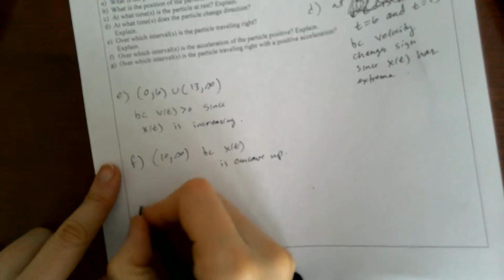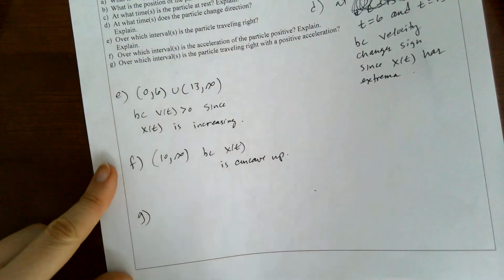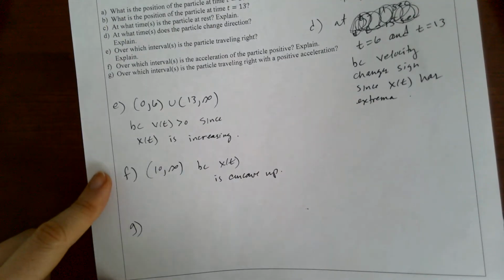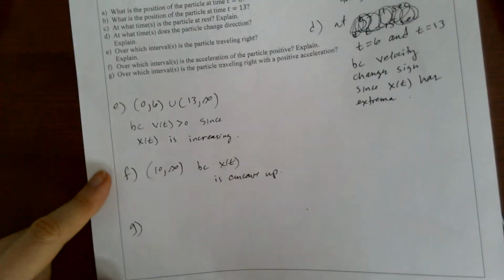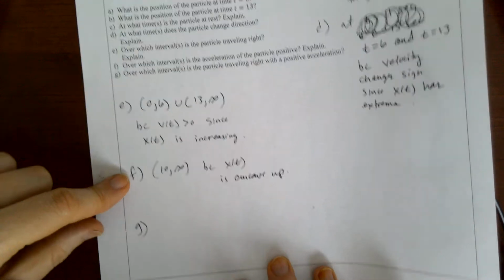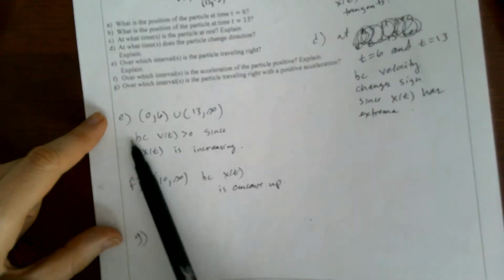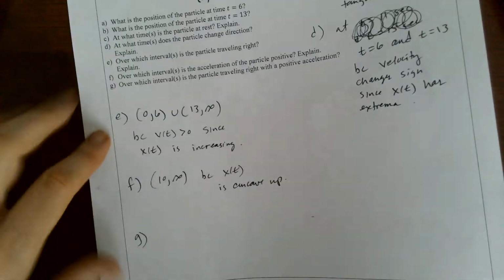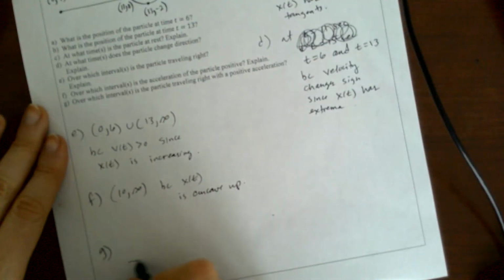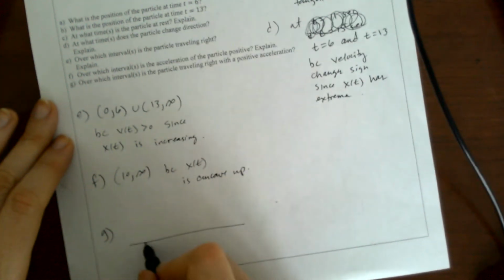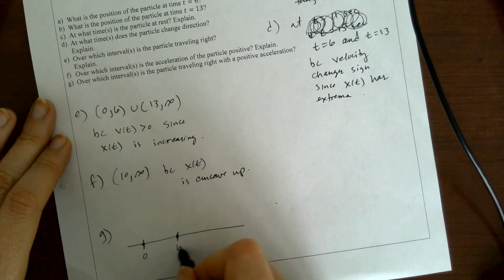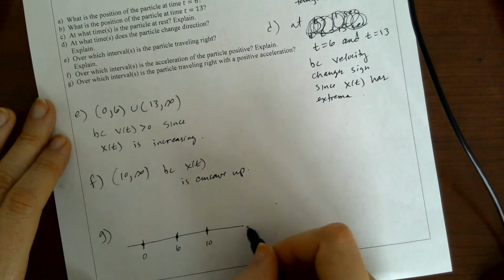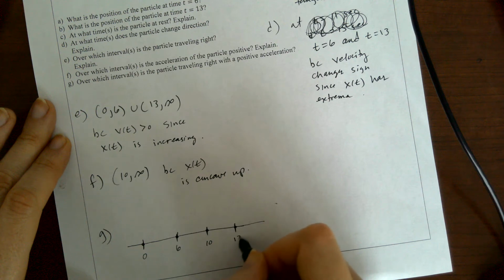All right, now for G, over which intervals or interval is the particle traveling right with a positive acceleration? So here we're overlapping E and F. I could even do a little graph here, although you don't need to. So we've got 0, 6, 10, 13.